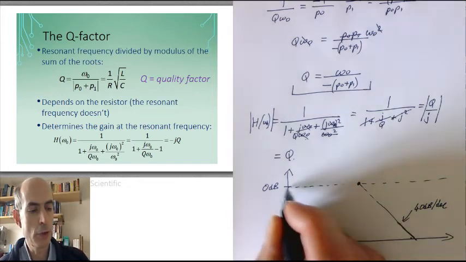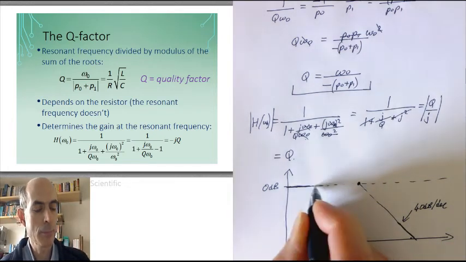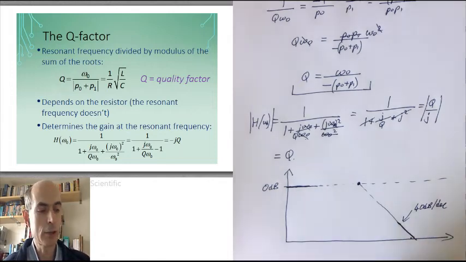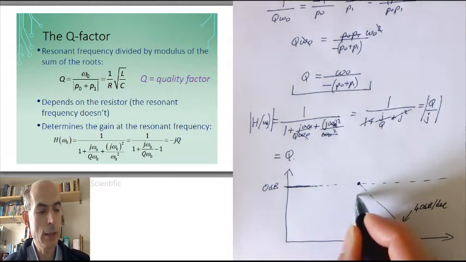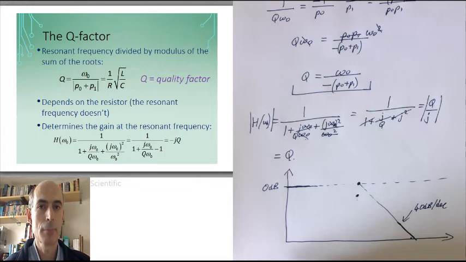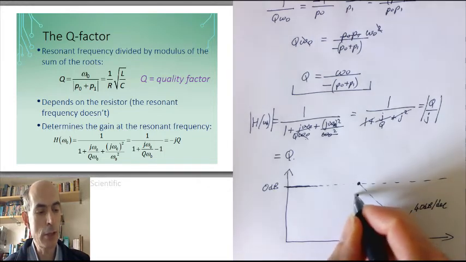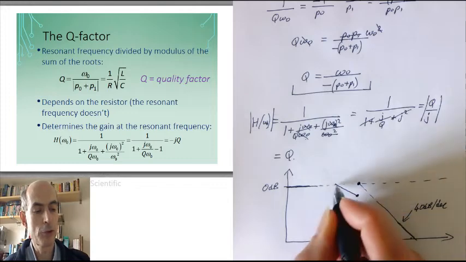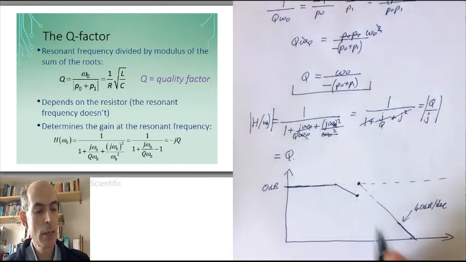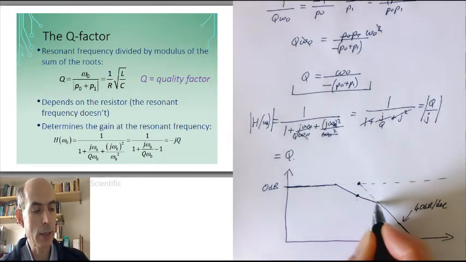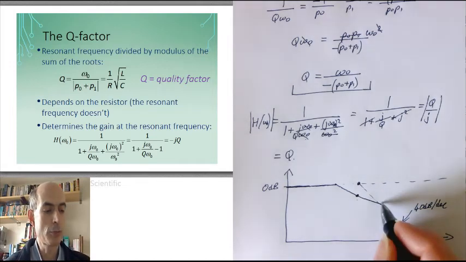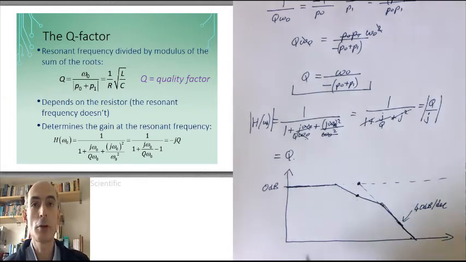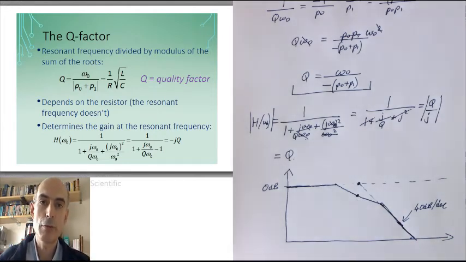At low frequencies we must be on this line, and knowing the Q factor we would know the gain at the resonant frequency. If we go up at 20 dBs per decade from that value there until we get to this asymptote, and go down at 20 dBs per decade until we hit this asymptote, then we've got our Bode approximation of the amplitude response without having to solve any quadratic equations.